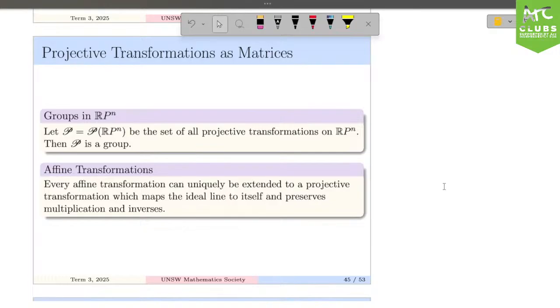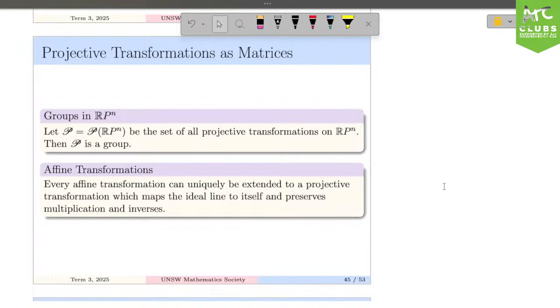Okay. We also see that there is a lot of similarity between affine transformations and projective transformations. So if we have any affine transformation on R2, we can turn that into a projective transformation on RP2 that fixes the ideal line.